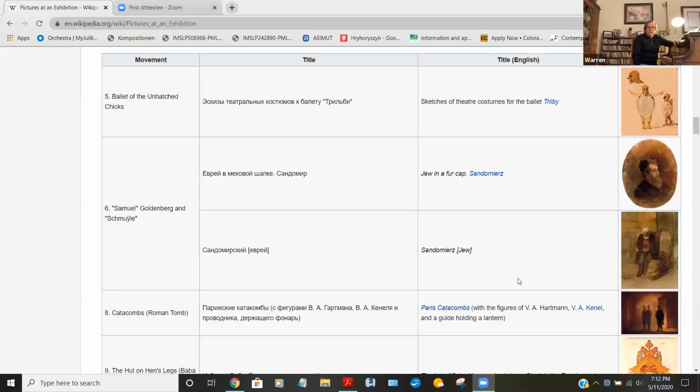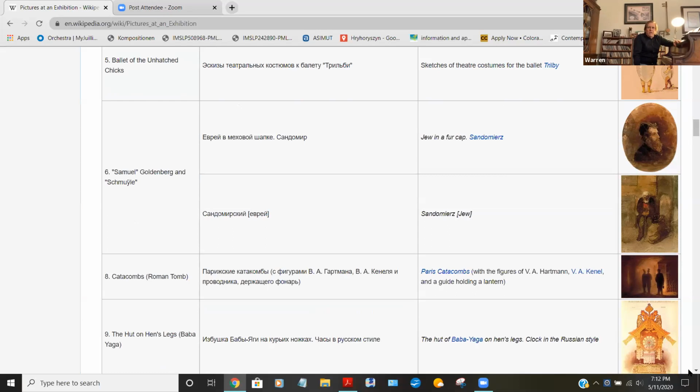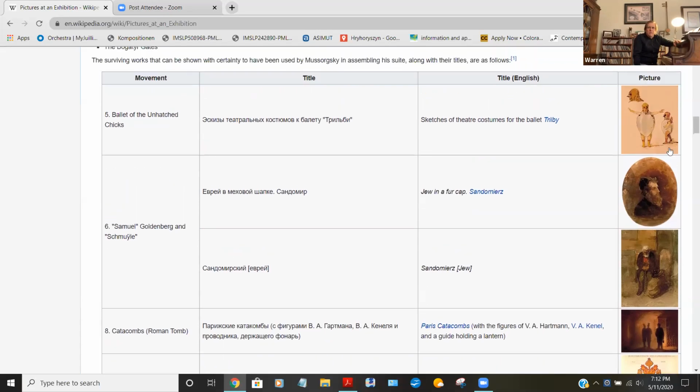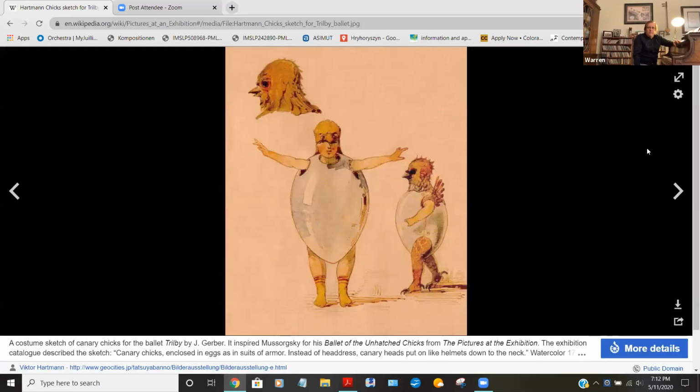Now, I'd like us to look at the 6 pictures that actually do exist. So Graham can pull those up. And if we can zoom in on them, I don't know if that's possible. Yeah. Okay, here is the Ballet of the Unhatched Chicks. As you can see, it's a very peculiarly anthropomorphic vision of the chicks, right?